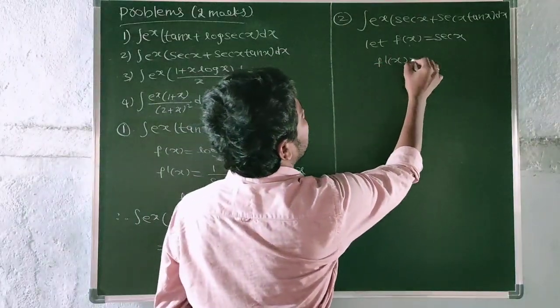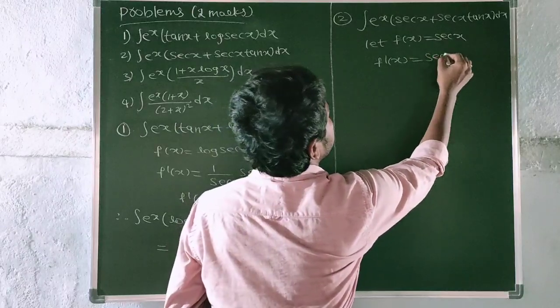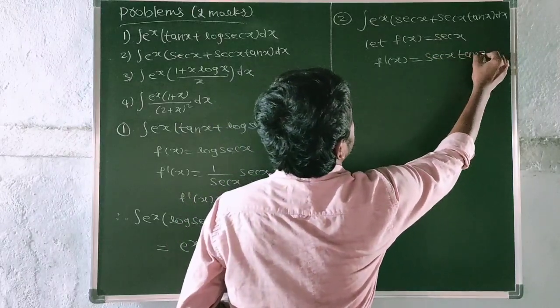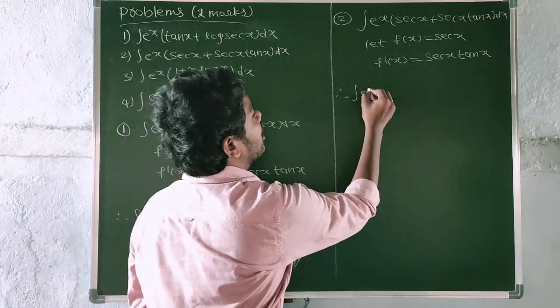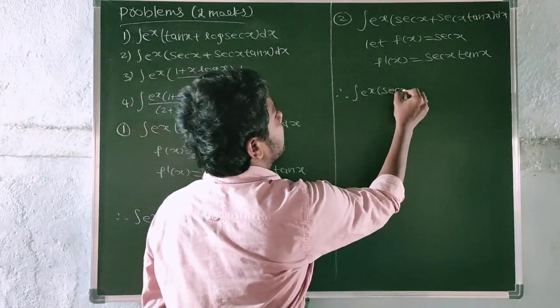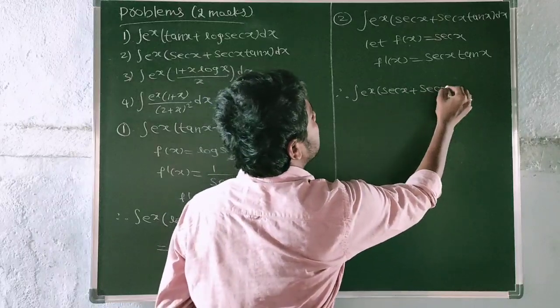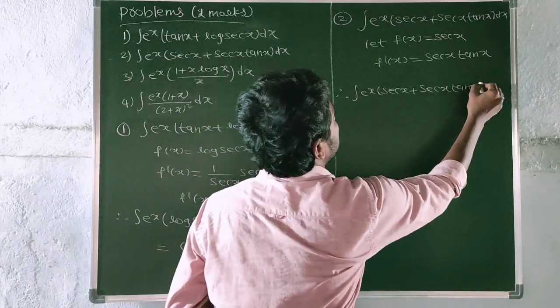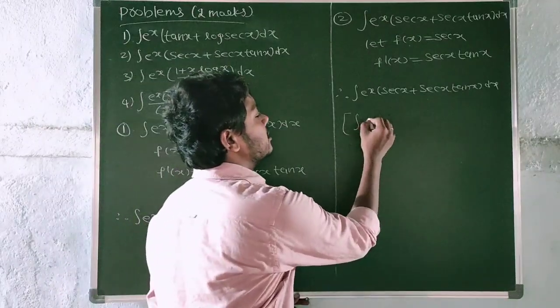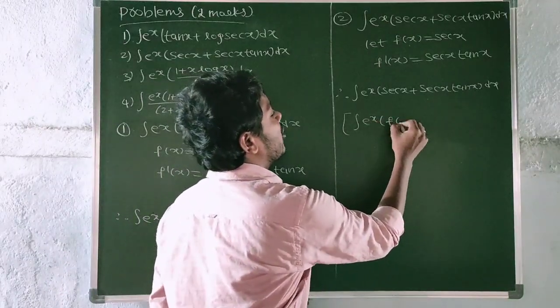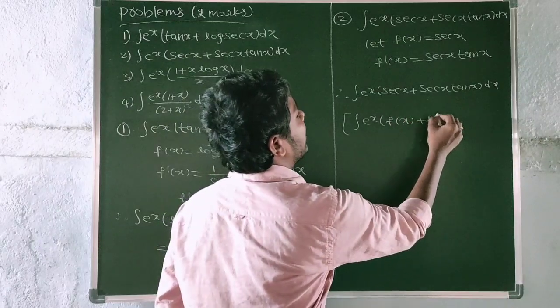Derivative of secant x? Secant x tan x. Okay. Now therefore integration of e power x secant x plus secant x tan x dx. Now clearly it is in the form of integration of e power x f of x plus f dash x dx.